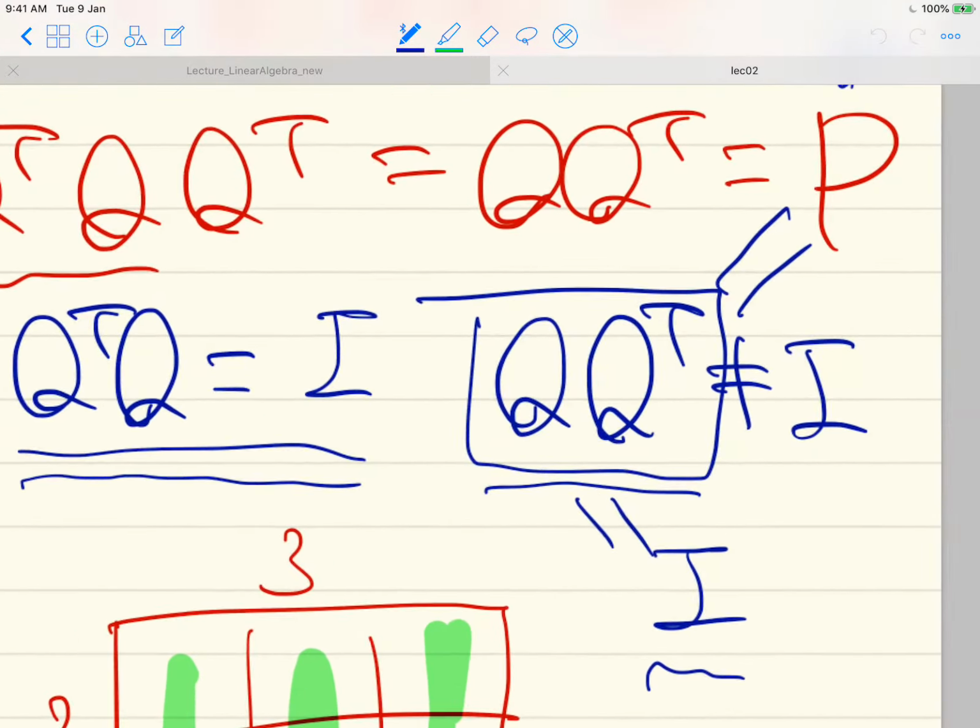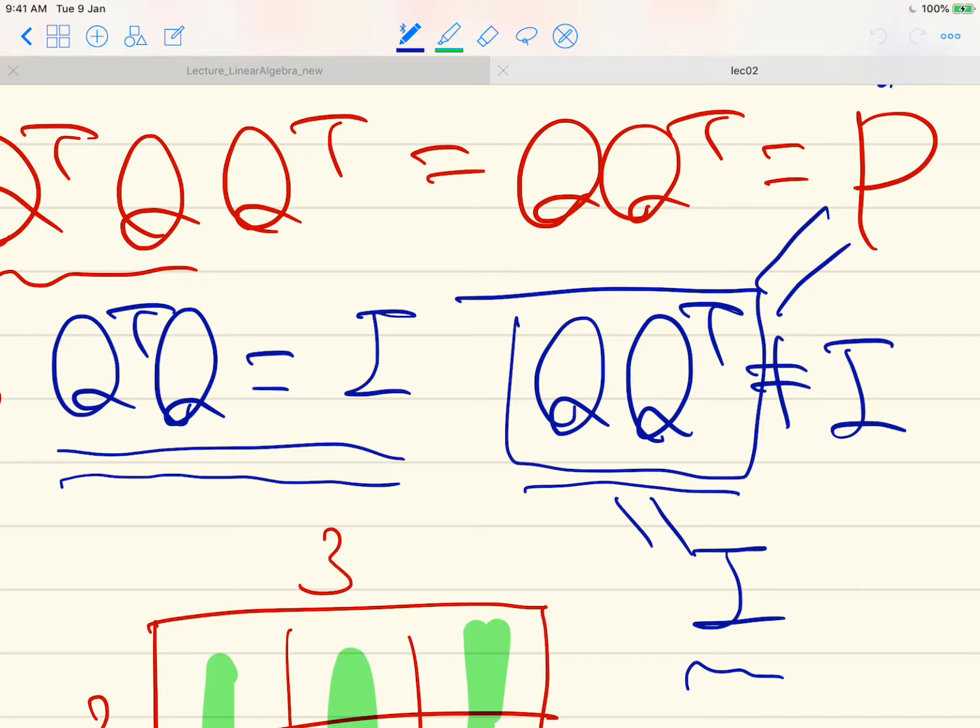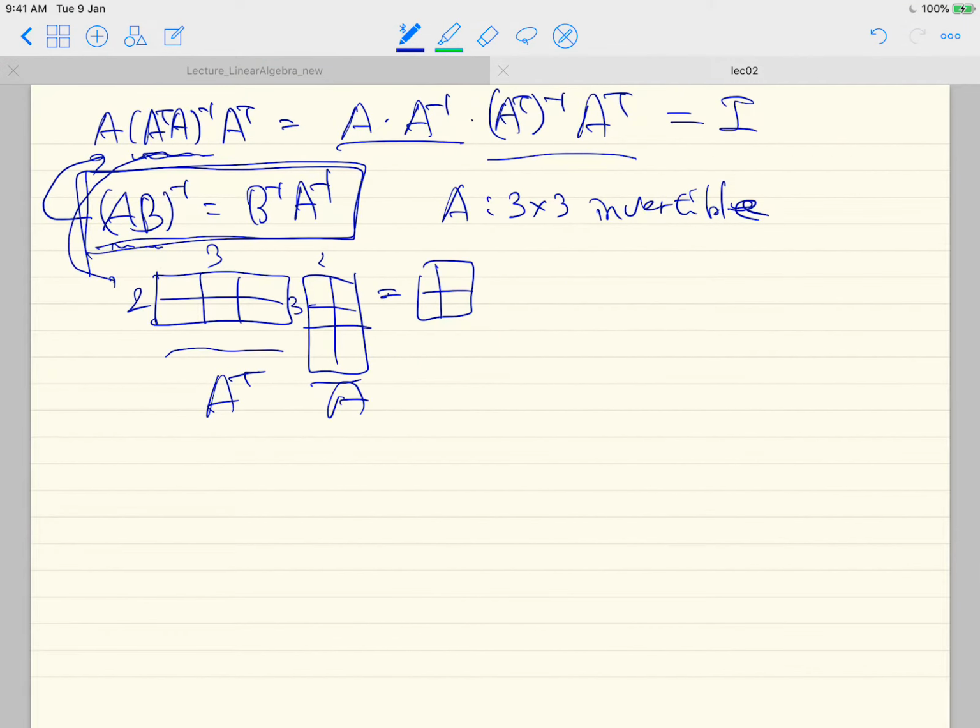I was talking about the special case where Q is an orthogonal matrix. In general, in the case of A being a 3 by 2 matrix, the corresponding Q will also be 3 by 2.